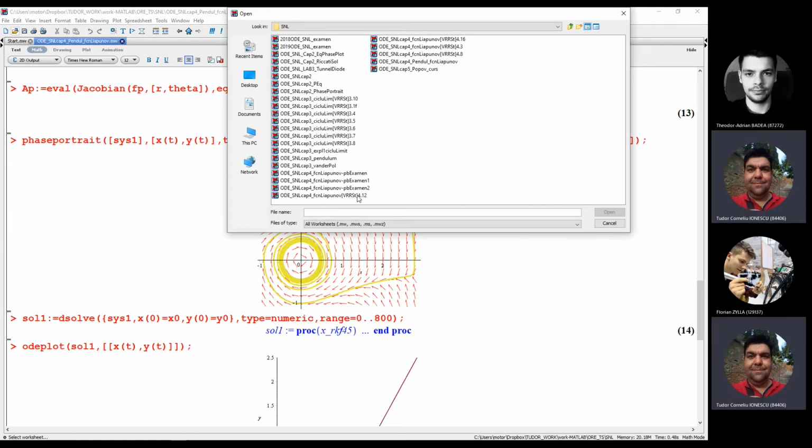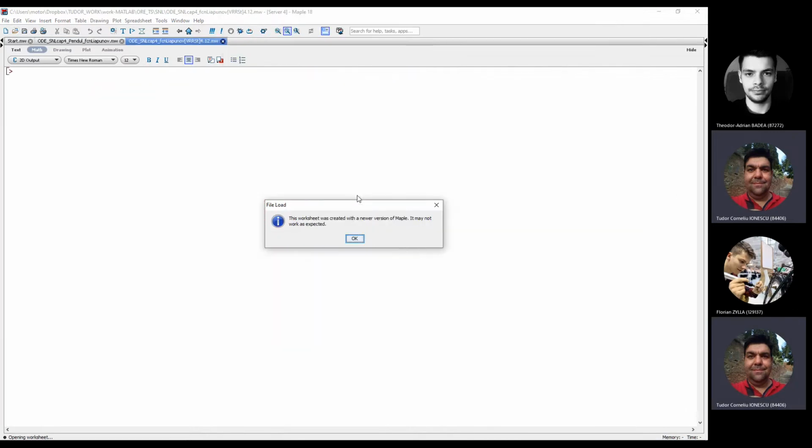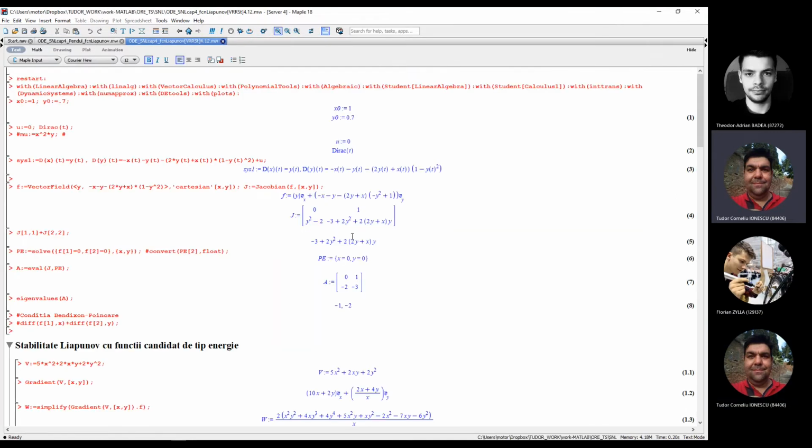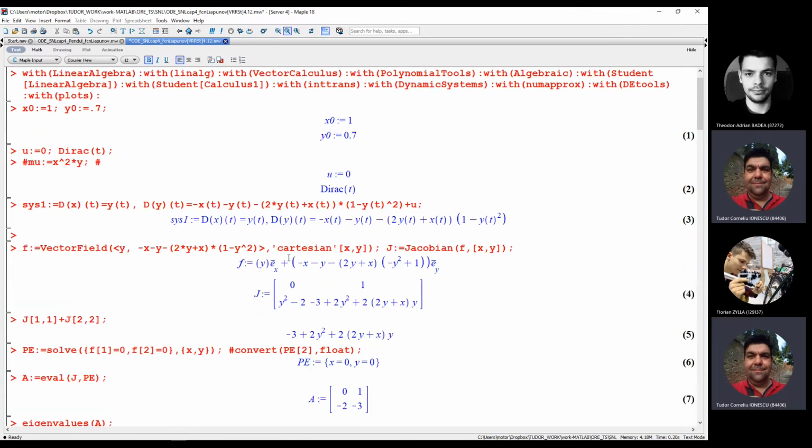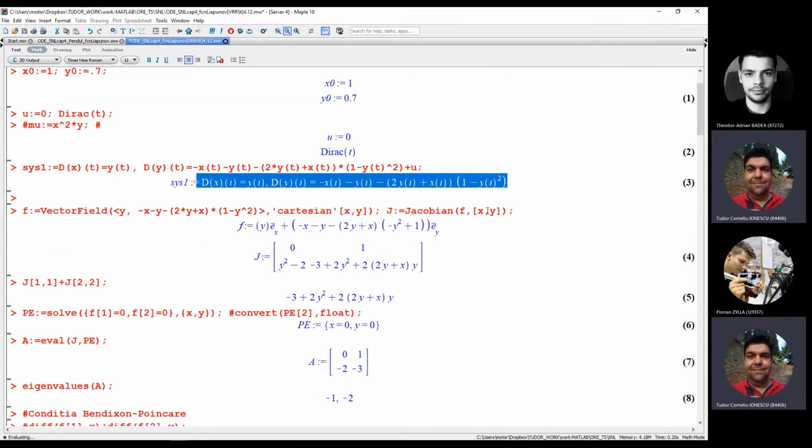Then we have this system, this polynomial system. Here x dot is y, y dot is minus x minus y minus, so this is the example in the lecture, if you remember.